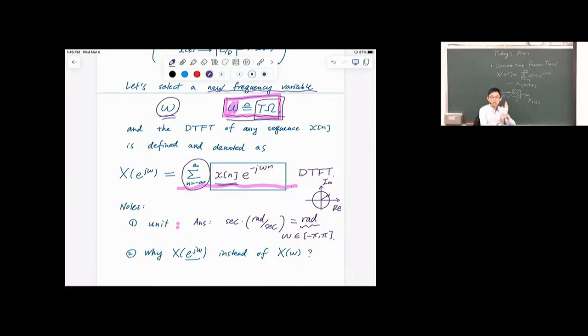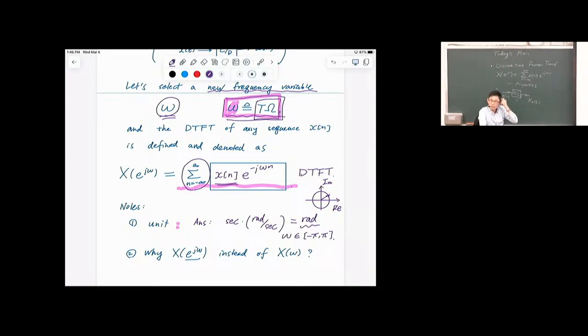For example, if omega is 45 degrees, or pi divided by 4, in my mind I automatically translate that: 45 degrees is what? It is 1/8, like a pizza. You cut the pizza into 8 pieces. 45 degrees is 1/8 of the sampling frequency. It corresponds to that actual frequency.